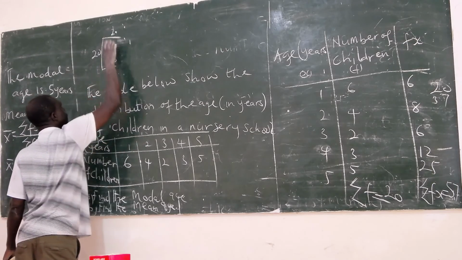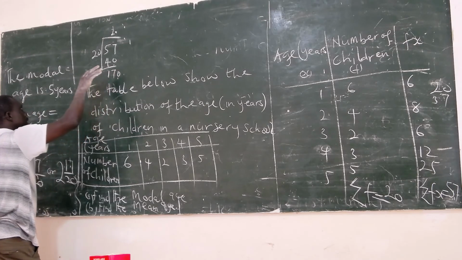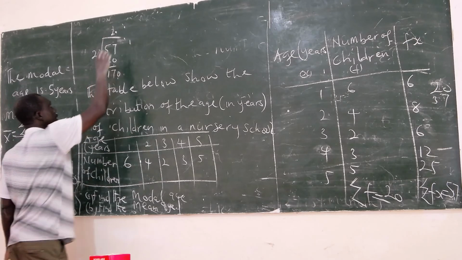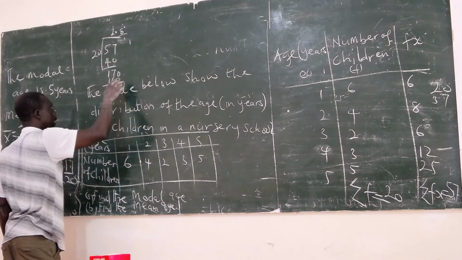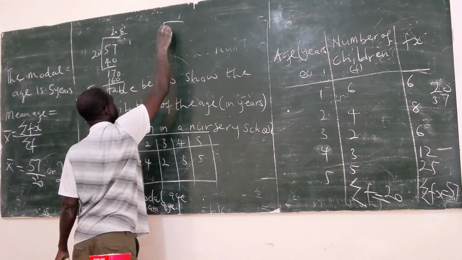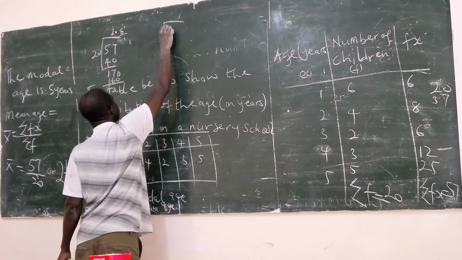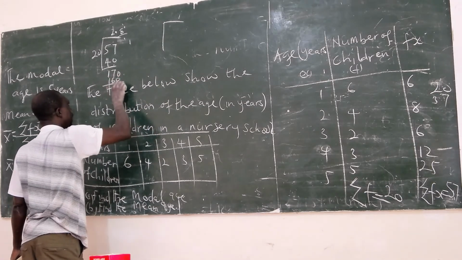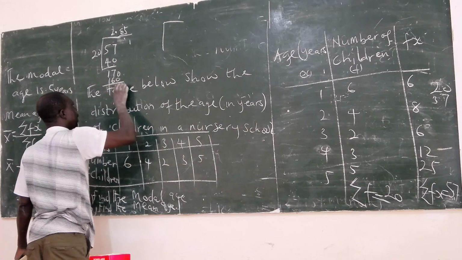You add a decimal point. 20 into 170 is 8. 20 times 8 is 160. 170 minus 160 gives us 10. You add a zero to it, making 100.